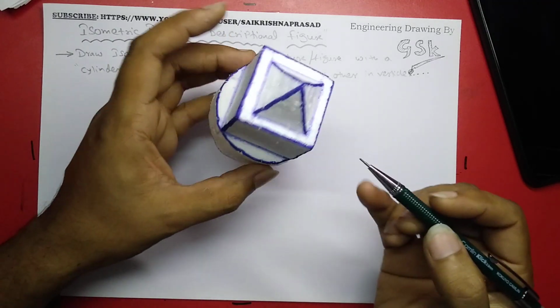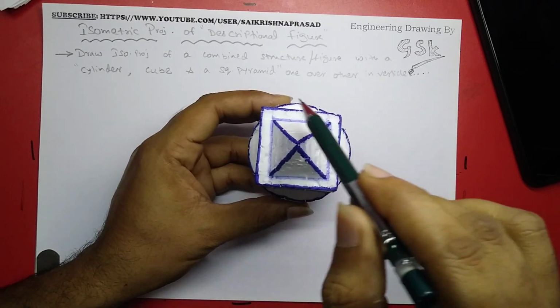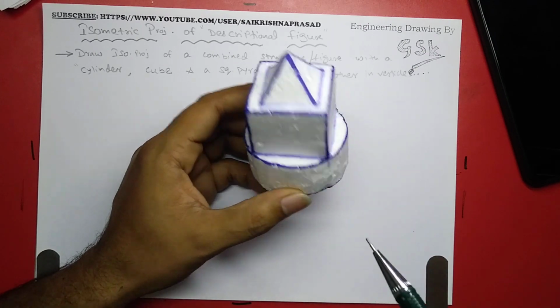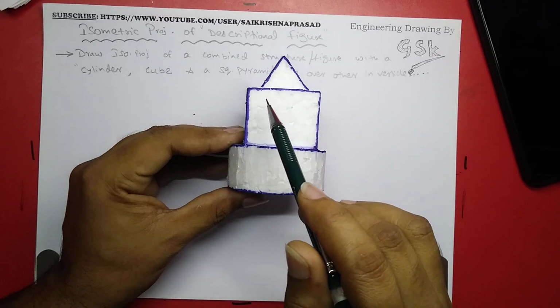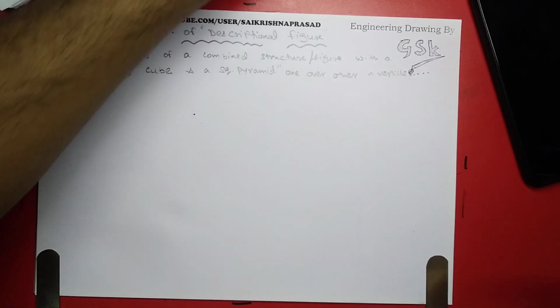So the top view of this figure would be a circle, a square and a square with triangles, right? And this would be the front view: rectangle, square and a triangle, right? So let's draw this first.